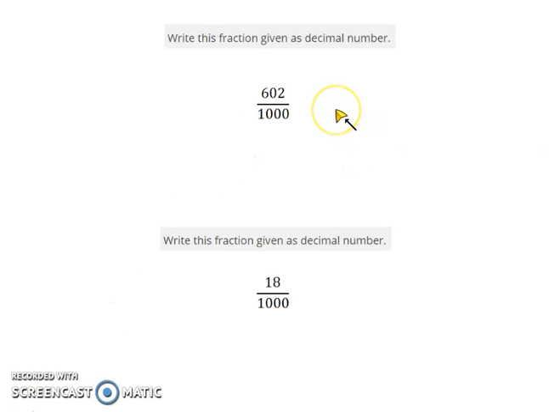Now we're given a fraction. We need to write it as a decimal number. It's 602 over 1,000. So we need to put it as a decimal. We can count the zeros we have here. We have 1, 2, 3 zeros. That means we need to jump 3 decimal places.